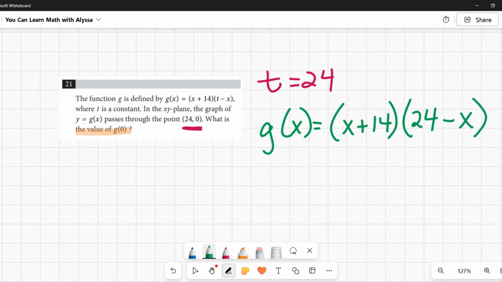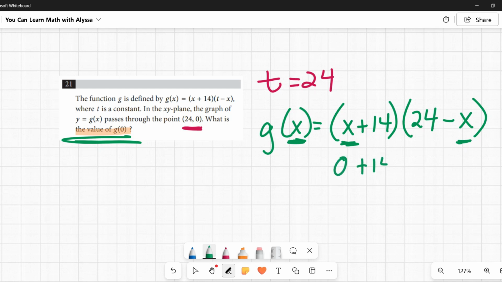So now the question is, what is the value of g of 0? We say g of 0, it's saying everywhere there's an x, plug in 0, do the math, see what comes out. That is the value of g of 0. Okay, so I'm going to plug 0 in for x.